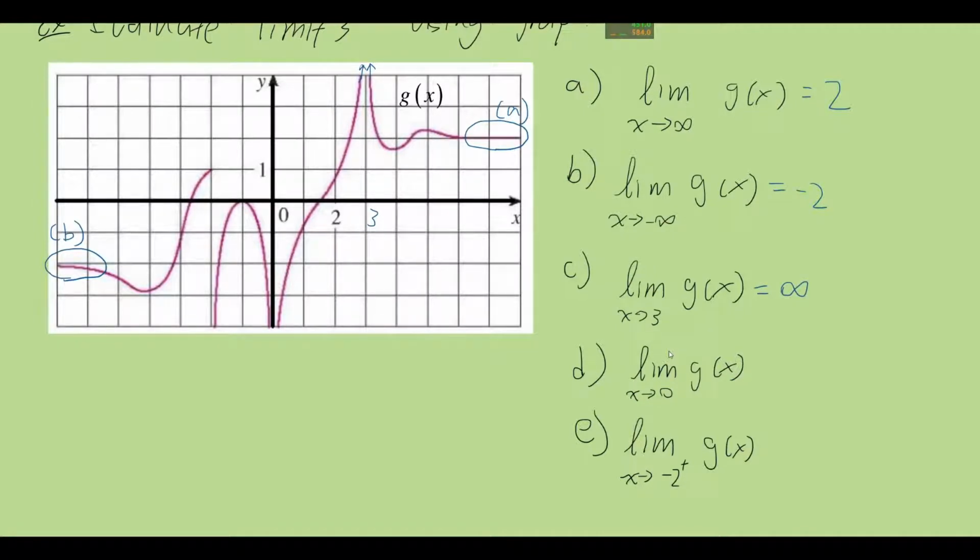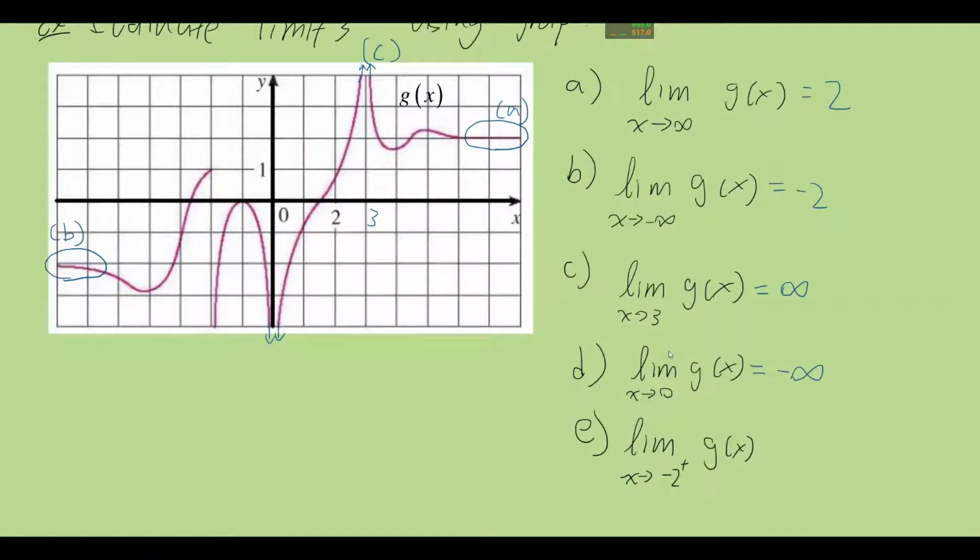And let's look at 0, part D. As x approaches 0, again, from both the left and the right, they both go to negative infinity. So we can say that the limit exists going to negative infinity as x approaches 0.